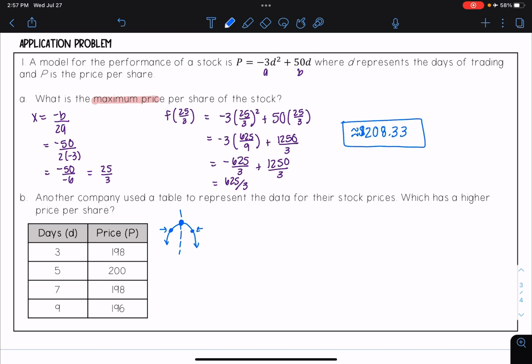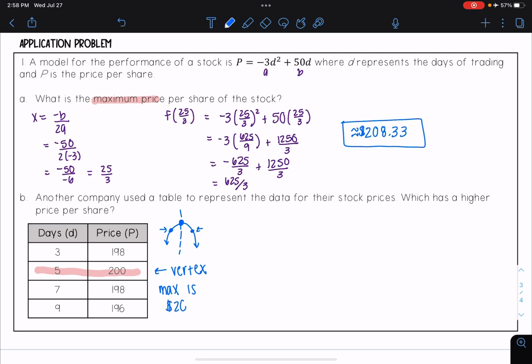So I see that I have the same y value of 198, 198. And I see that point in the middle is a little bit higher than that. So that means that this point in the middle, where on either side of it my y values are repeating, is my vertex. And the maximum happens at the y value of the vertex. So here, the max is 200.